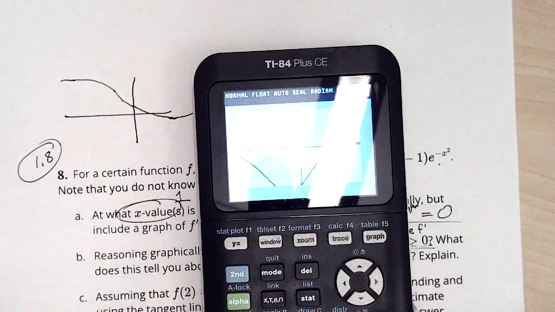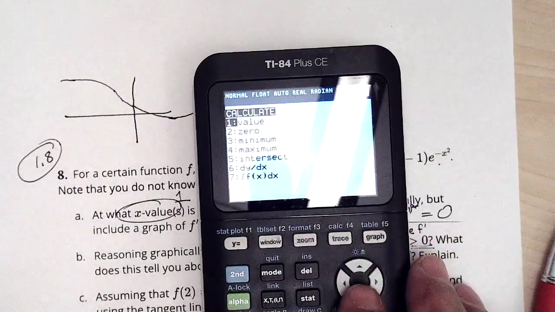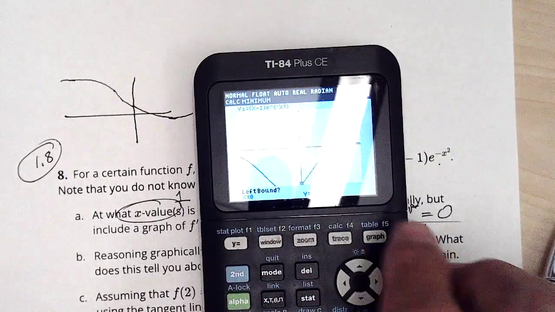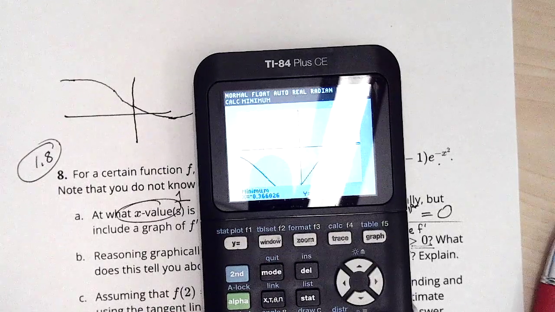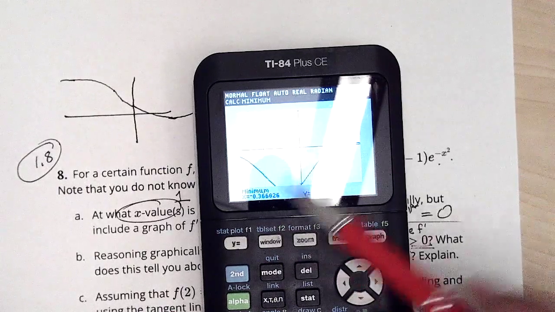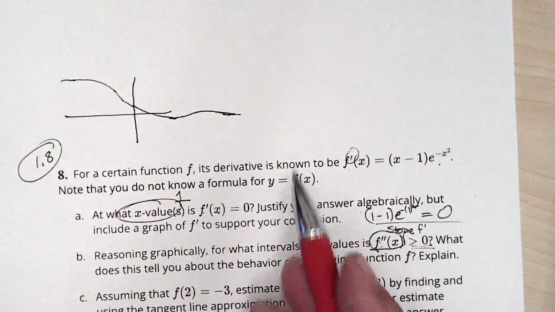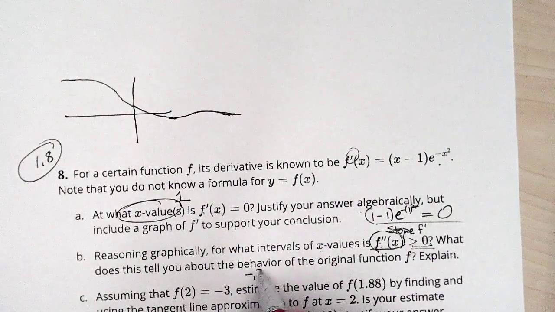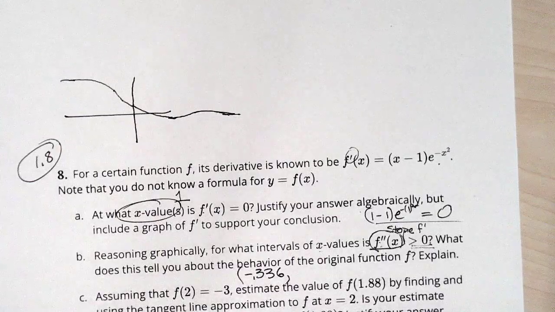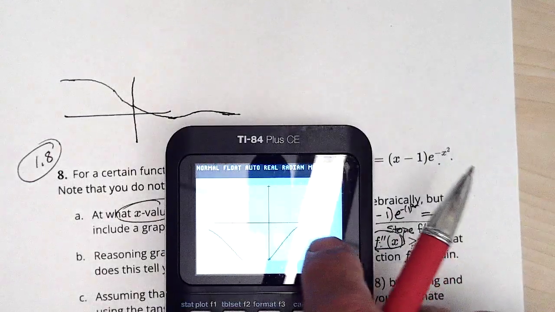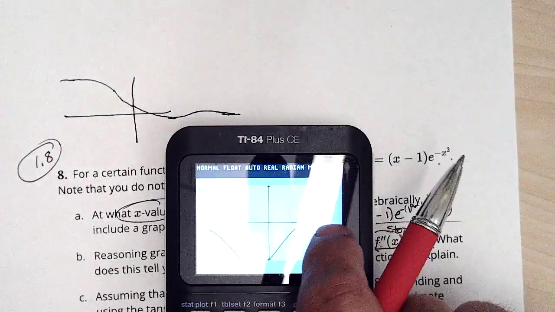And those places, we can go second, calculate the min. That's between negative 1 and 0. I'm going to guess negative 0.5, and it tells me negative 0.336, to, so I'll do interval notation, to the max here.